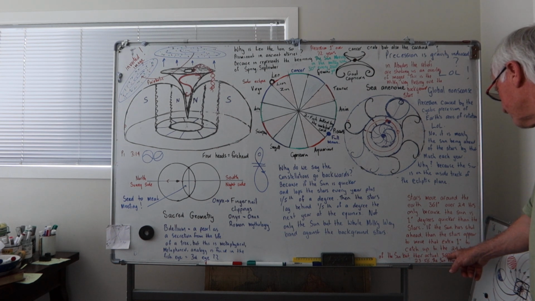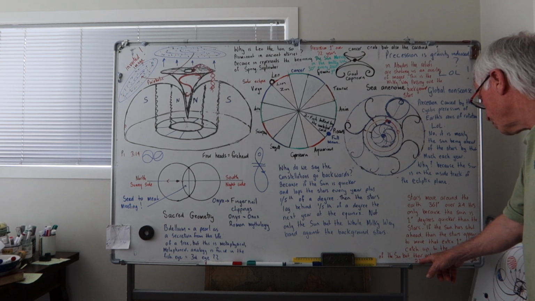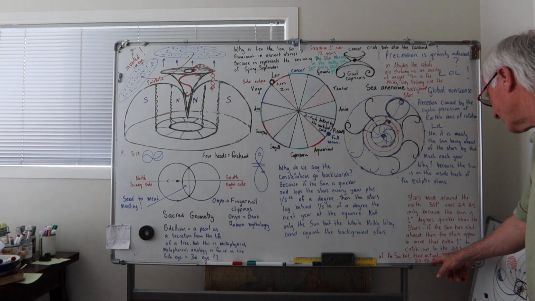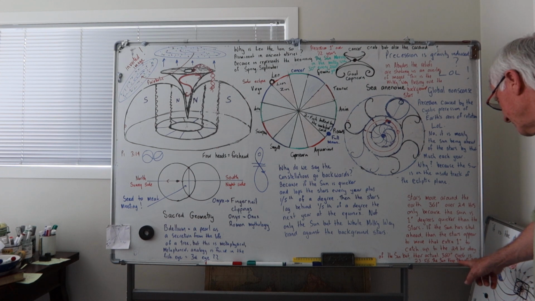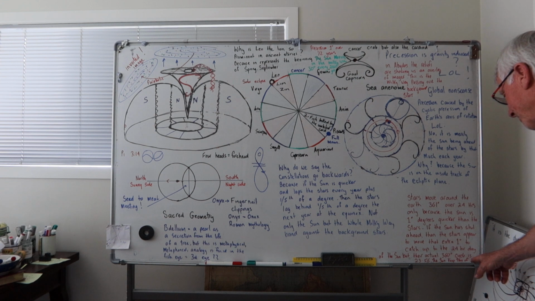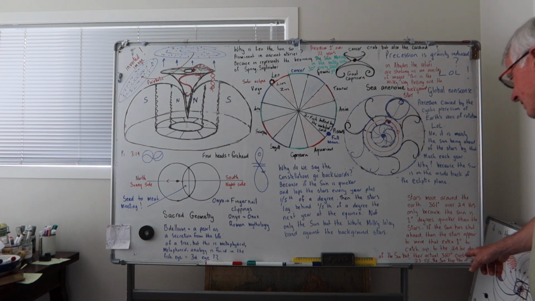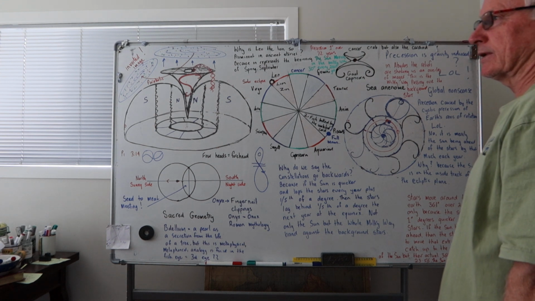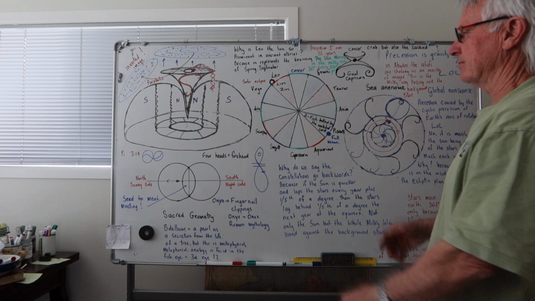But the actual 360-degree cycle is 23 hours 56 minutes. The sun keeps a 24-hour time. Okay? I can say that till the cows come home, but people still won't understand.